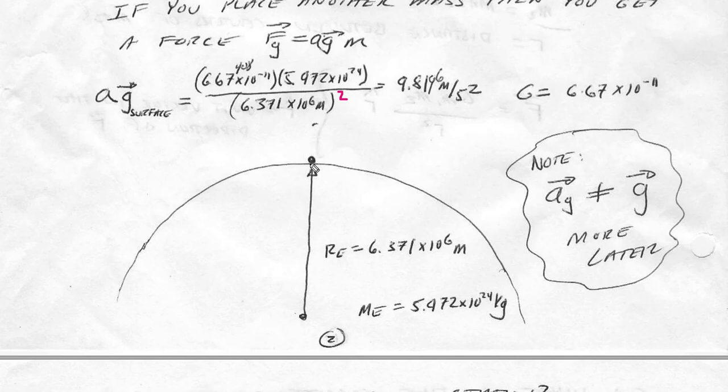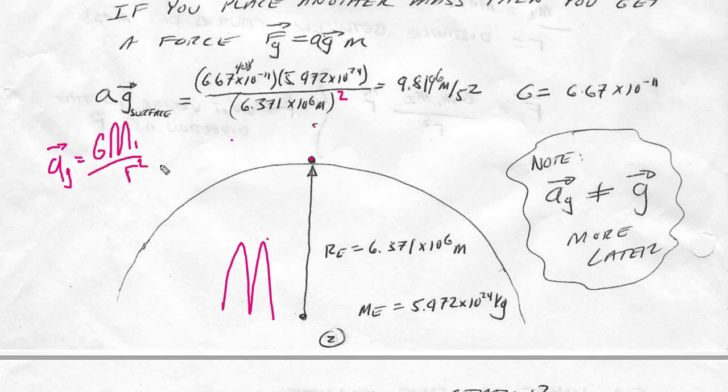Now, why did I draw a point here and not a mass? I just drew a dot. I could have put a dot out here, or out here. Why did I just draw a dot? The reason is that it has nothing to do with the second mass. It has to do with the big mass. Remember the equation: A sub G is going to equal G big M over R squared.